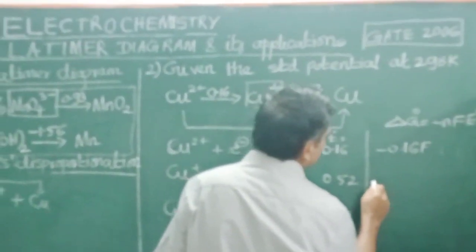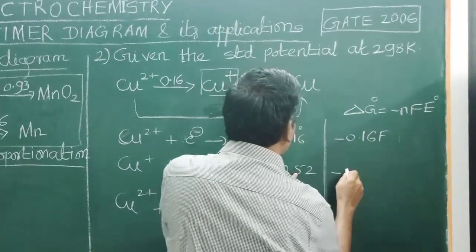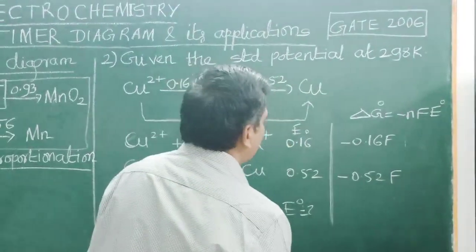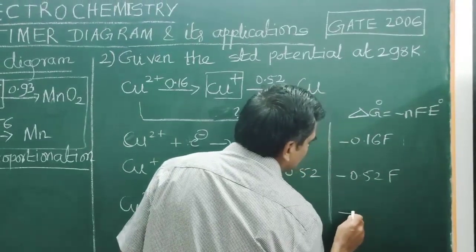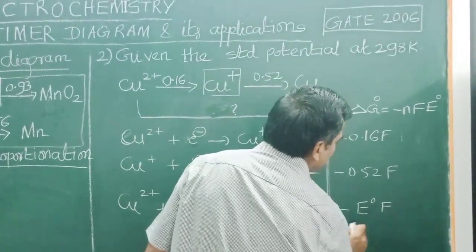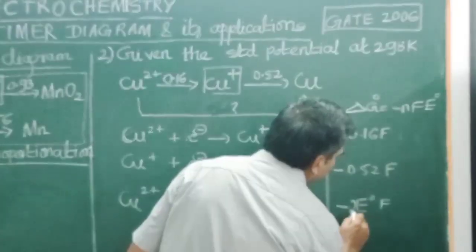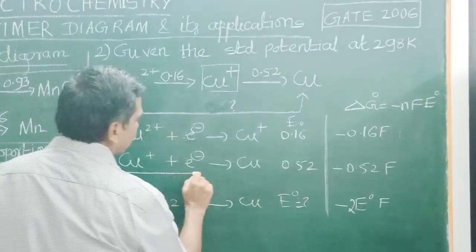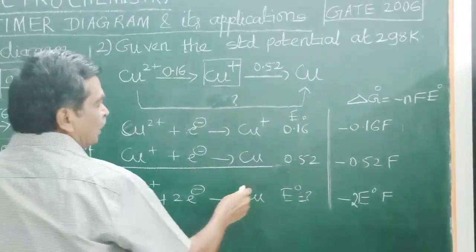Similarly, delta G here also, 1 electron is involved, therefore 1 electron into 0.52 F, Faraday. And this we don't know, therefore minus E0 F. Here 2 electrons are involved, therefore 2. Now, we cannot add these potentials to get this one.